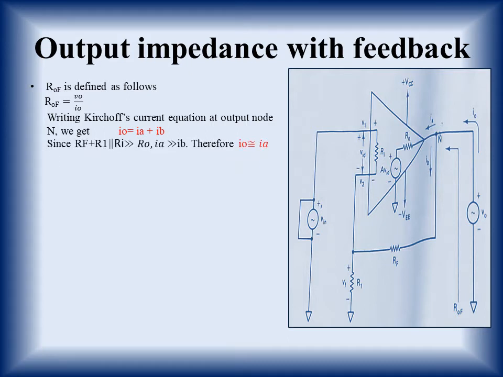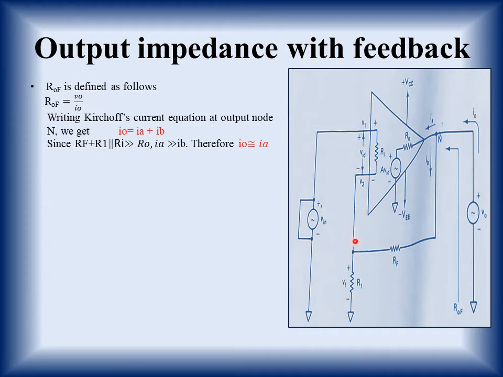Now we have to find which current is greater, IA or IB, because I naught is splitting into two currents, IA and IB. Now see here, where does the IB current flow? IB current flows through this RF resistor and this R1 resistor.